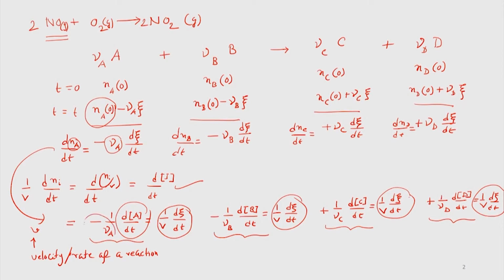Now, the stoichiometric coefficient contains a negative sign if it is a reactant, and it is a positive number if it is a product. So, coming back to the example which we just gave, 2 molecules of nitric oxide react with 1 molecule of oxygen to give 2 molecules of nitrogen dioxide.